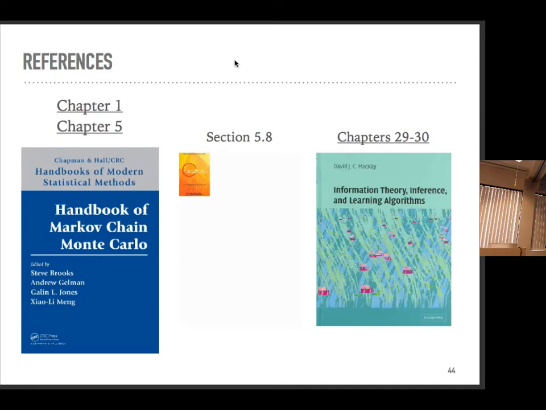Well, you probably recognize this. This is the machine learning in astronomy book. It's a little thin on Markov chain Monte Carlo, but there's section 5.8 that deals with this. And then this is a classic book here, which has two chapters on MCMC. And this one, the whole book is available free online.